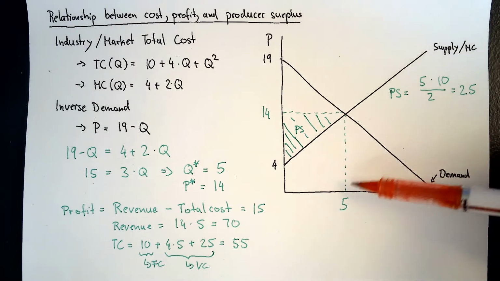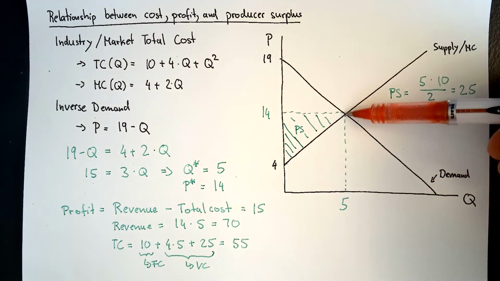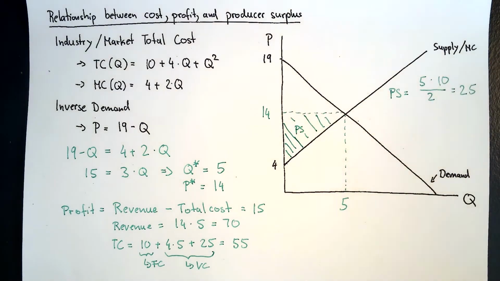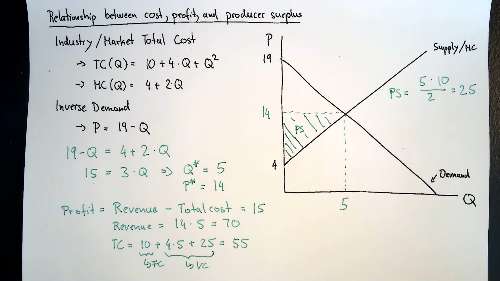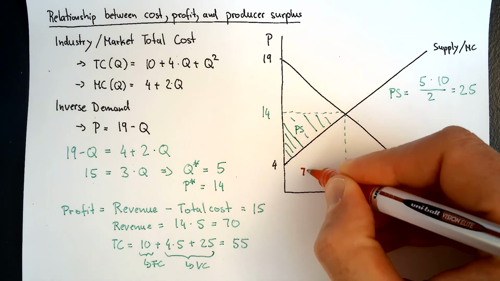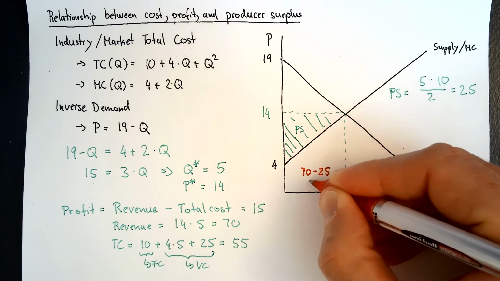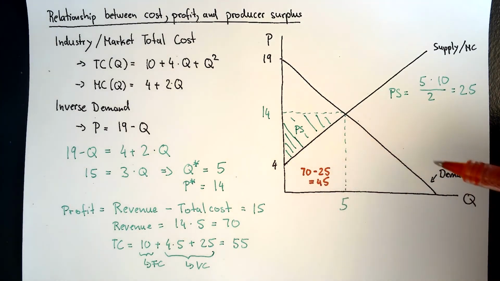So now here we can do this easily because we know that we have 14 times 5, so the entire area here is 70, and that we have a producer surplus of 25, and hence we have 70 minus 25 is equal to 45. Okay?